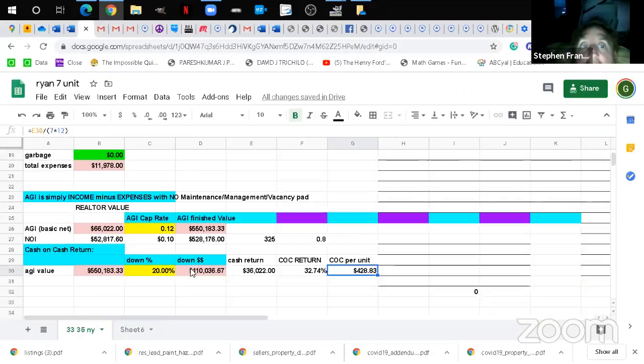So basically, with the pictures, what's in the listing, and the 3 pro formas, if they can't make a determination as to how interested they are, then they're not real.